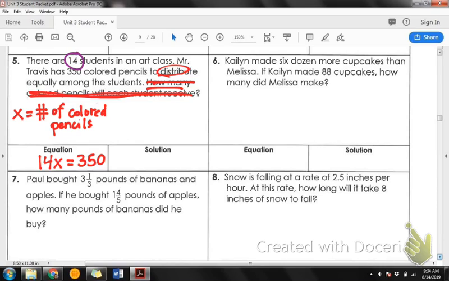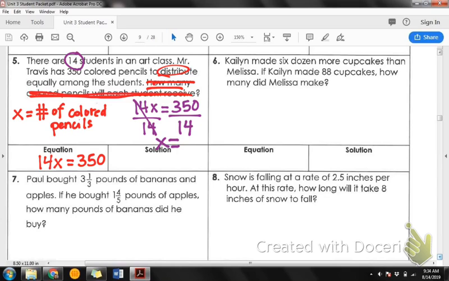All right, 14x equals 350. How do we solve 14x equals 350? Divide, right? X to get it by itself, I have to get that 14 off there. So I'm going to divide each side by 14. Use your multiplication sheet. 350 divided by 14. 25?